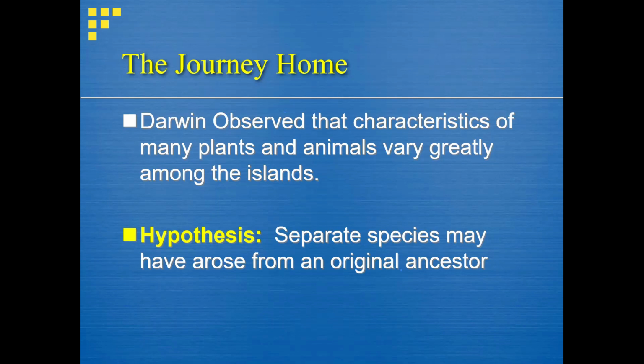So common descent means that different species of organisms or separate species of organisms arose from a single ancestor. And that is why, even if you look at the world and the living organisms that are in existence, they all arose from a single ancestor.